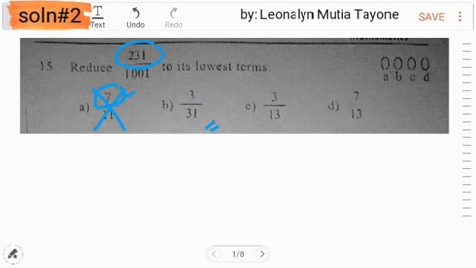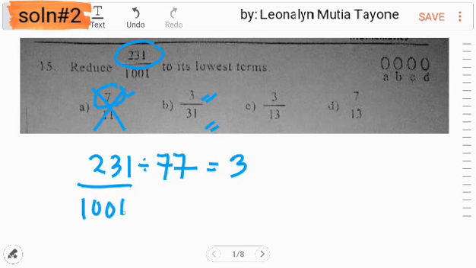Next, choice B tayo. Si 231, i-divide mo siya ng 3. Mayroon na tayong answer. Pag dinivide mo ng 3 ito, ang sagot ay 77. So, yung 77, yan yung gamitin mong pang-divide dito sa 231. Ang answer ay 3. Si 1001, i-divide din natin ng 77.